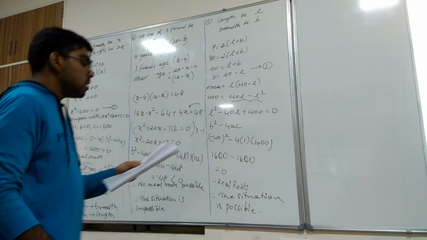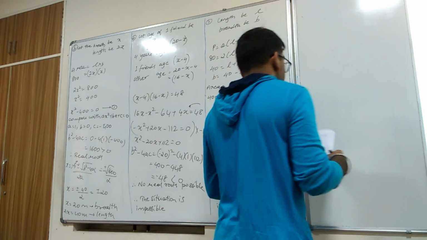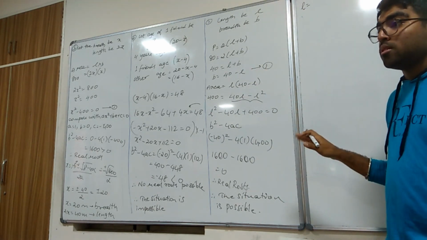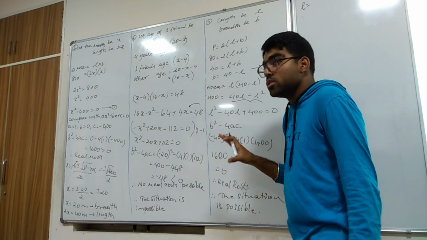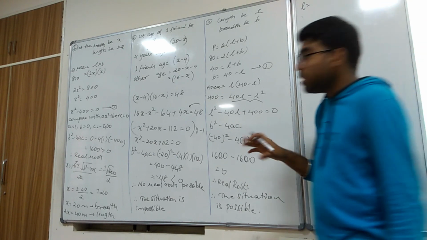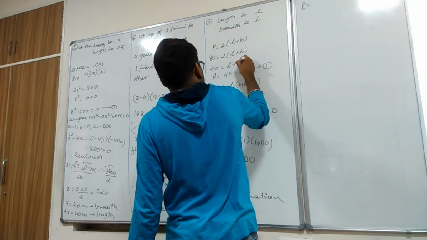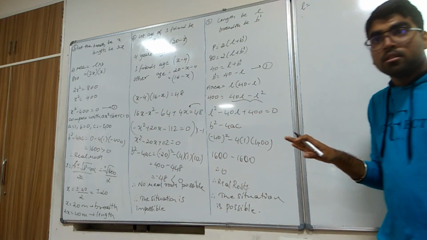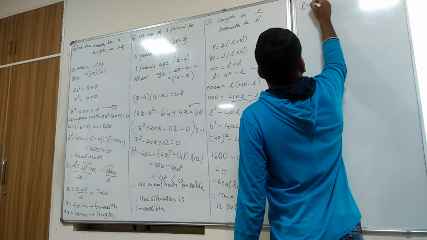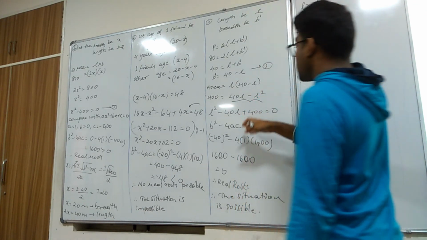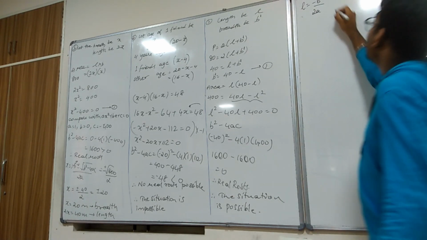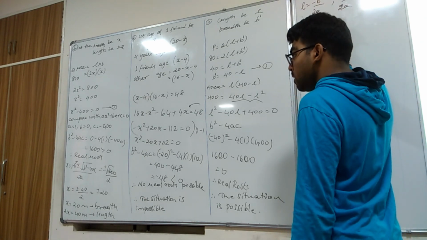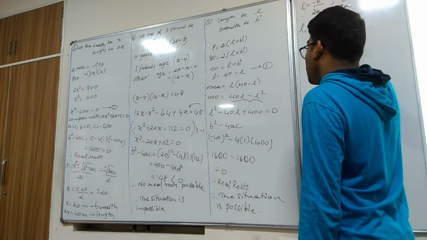Situation is possible. Next, roots of this equation. This is breadth b, and this is the quadratic equation's b. Is the confusion about breadth versus the quadratic b? Understood? Any confusion? Okay? So L is equal to minus b by 2a, since the discriminant is 0. So it will be minus b by 2a. b is minus 40, so minus of minus 40, a is 1, divided by 2.